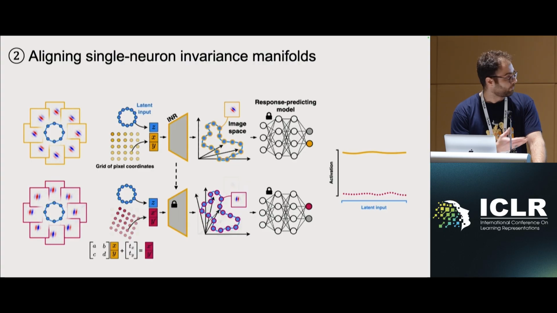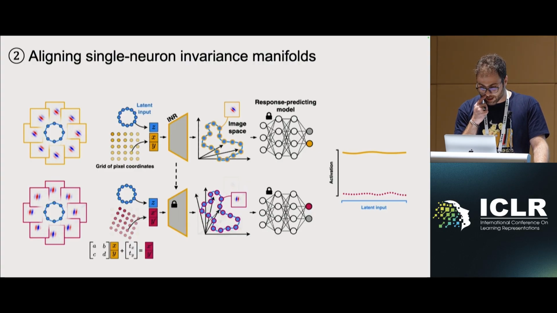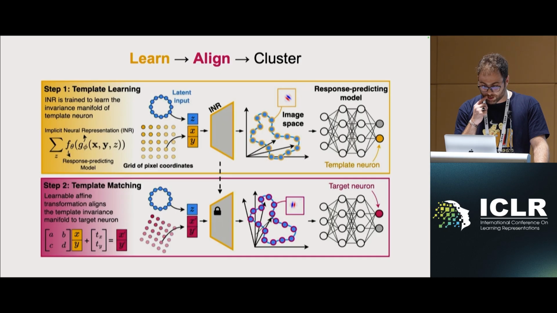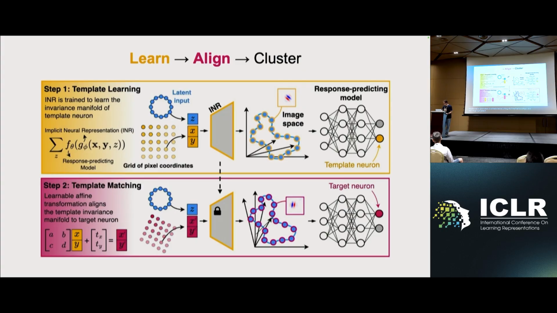And the objective is just maximizing the response, because we are not training the implicit neural representation anymore. And so we are only optimizing the affine transformation parameters. And that's basically the gist of the first 2 steps. And now I'm going to pass it over to Luca to talk about clustering and the results.